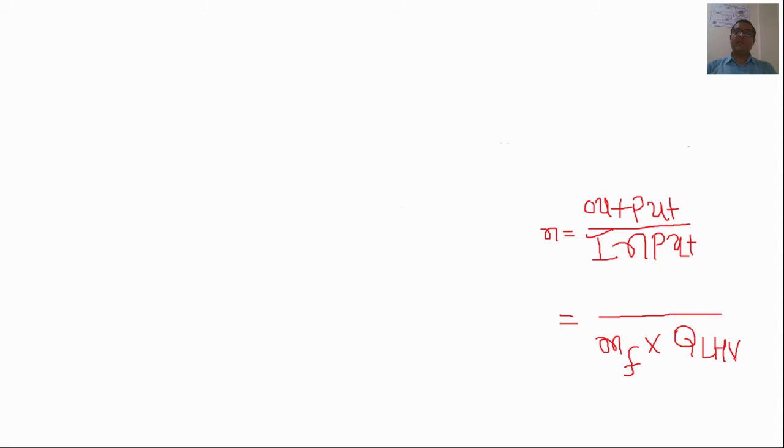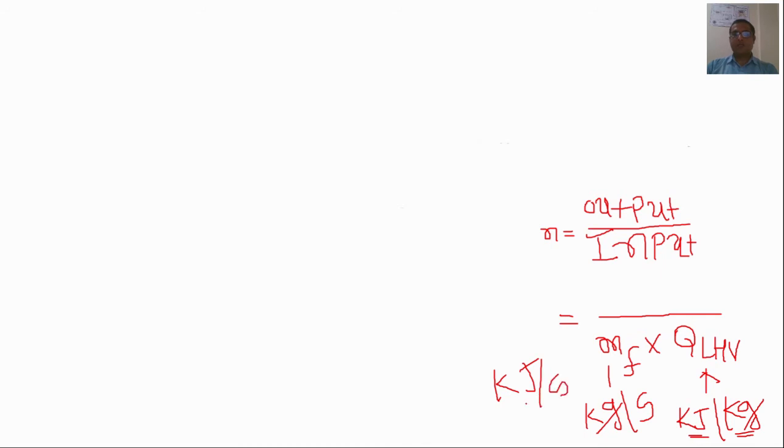Suppose we burn 1 kg of the fuel, then whatever energy we get by the combustion process is known as the heating value or calorific value of the fuel. Generally it is measured as kilojoule per kg, the amount of energy released by the combustion of a unit quantity of the fuel. MF is the mass flow rate of the fuel, in kg per second. So kg and kg cancel out, and finally you will get kilojoule per second.